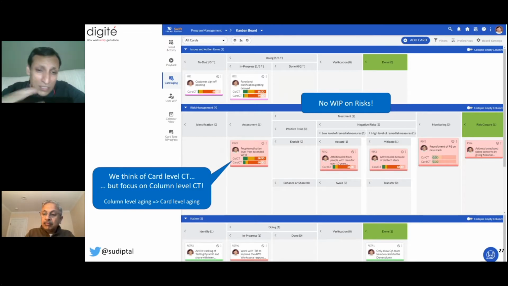So make a start. It's absolutely okay to start with a simple to-do task board and take it from there. But at least make sure you are identifying the risks, issues and action items, your improvement items, your people challenges, people sentiment and dissatisfaction issues. At least put that card on the board.